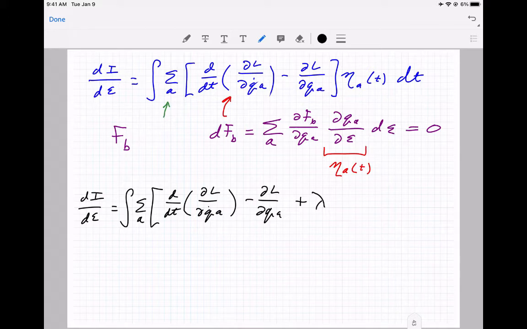And in fact, since we are talking generally, since I have several equations of constraint, let me sum over those. I'm going to have a Lagrange multiplier for each, and then I'm going to have dfb, dqa, and then end the paren, eta a of t, and then dt.